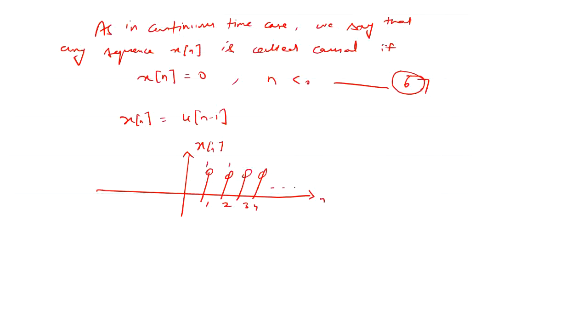Here x[n] equals 0 for n less than 0, so this type of signal is called a causal signal.